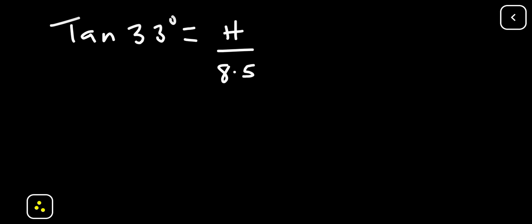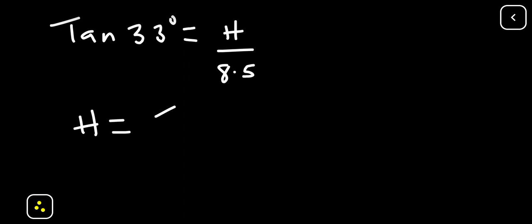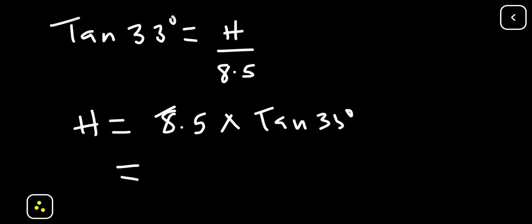That means H equals 8.5 times tan 33 degrees. And that will give you what? That should give you 5.520 kilometers. Alright, so that's the first one.